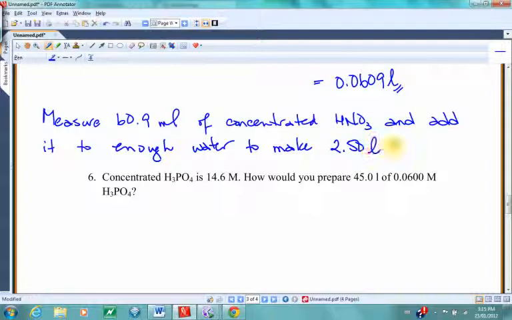Now, quite frankly, I hardly ever do that. I usually just stop with the 0.0609 liters. Okay, so let's look at the next one.